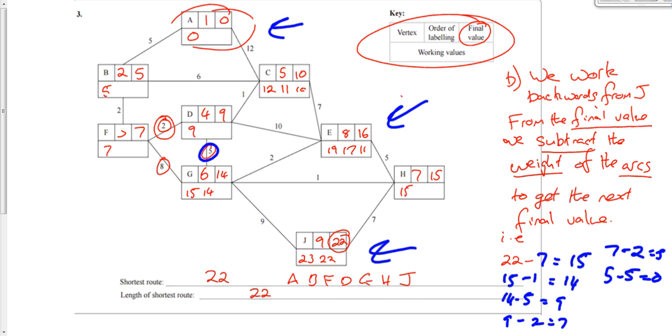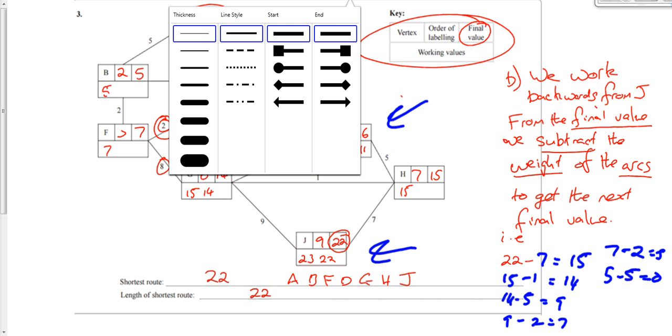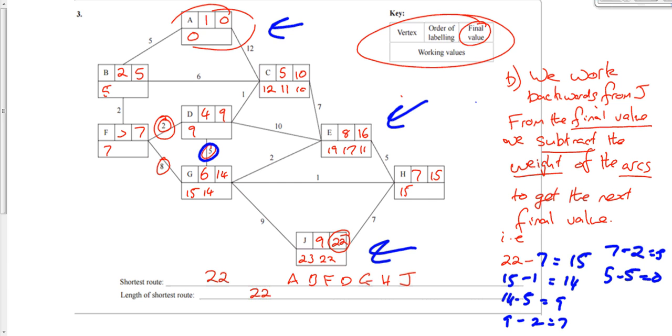Now the key thing here for this question is that we know that the final value at E is the quickest way to get from A to E. So to get from A to E, that's going to take us 16. Then we've got to get from E to J in the quickest way. Now the quickest way to get from E to J takes a little bit of looking at.